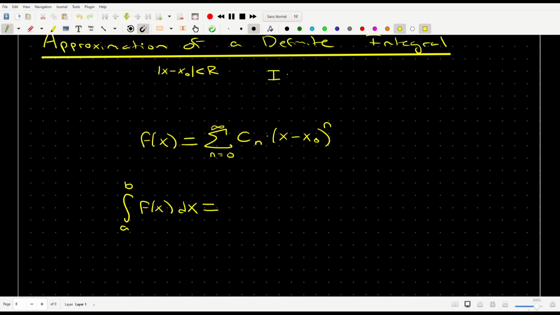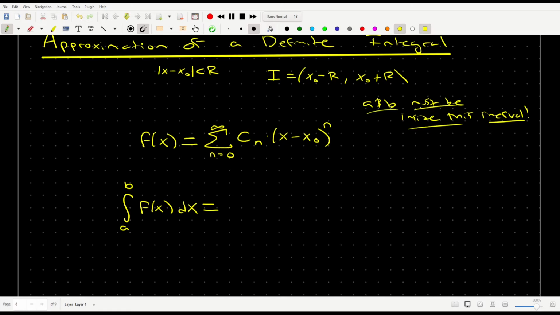So the interval of convergence, remember, is x naught minus r to x naught plus r. So a and b, the interval that we're going to integrate over, must be inside this interval. That's super important if you're going to do this.